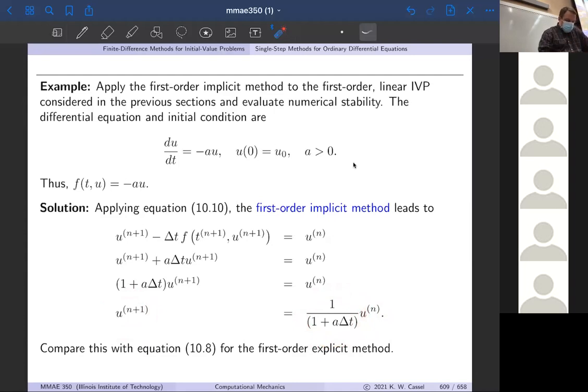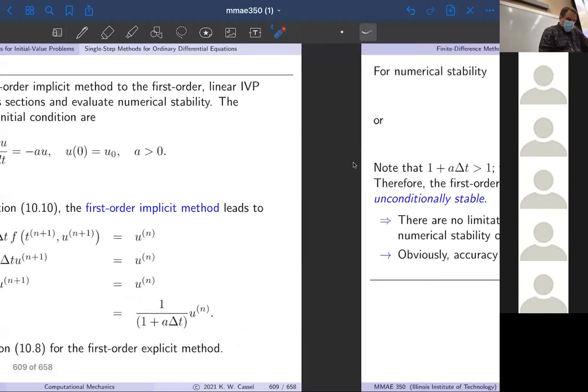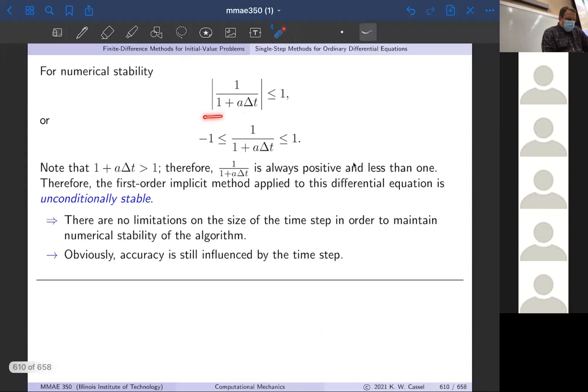If, on the other hand, this factor is less than 1, then every time I go from one time step to the next, it's going to get smaller, smaller, smaller. So we need that the absolute value of 1 over (1 plus a delta t) has to be less than or equal to 1. Again, to get rid of the absolute value, that means this factor has to be between -1 and 1. Okay, so let's ask ourselves, is it?